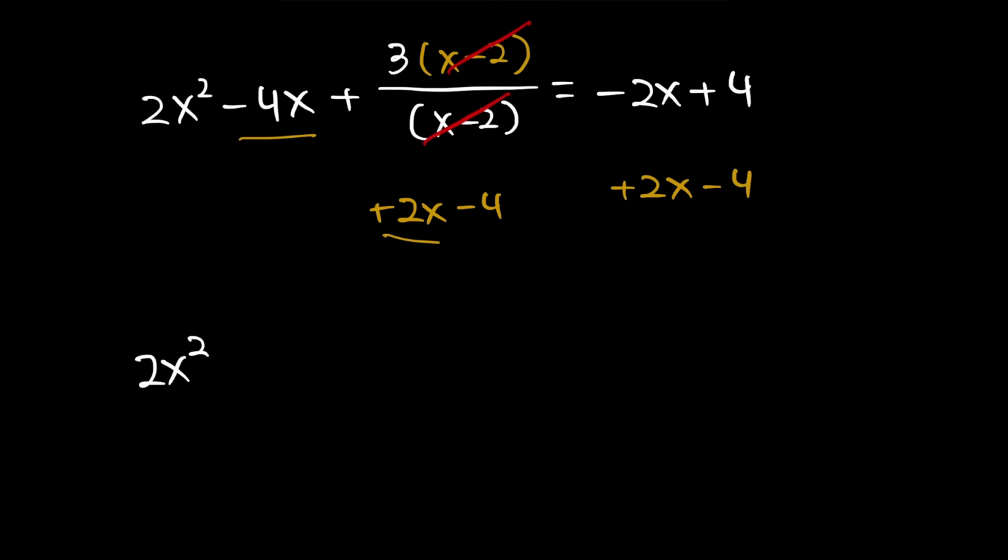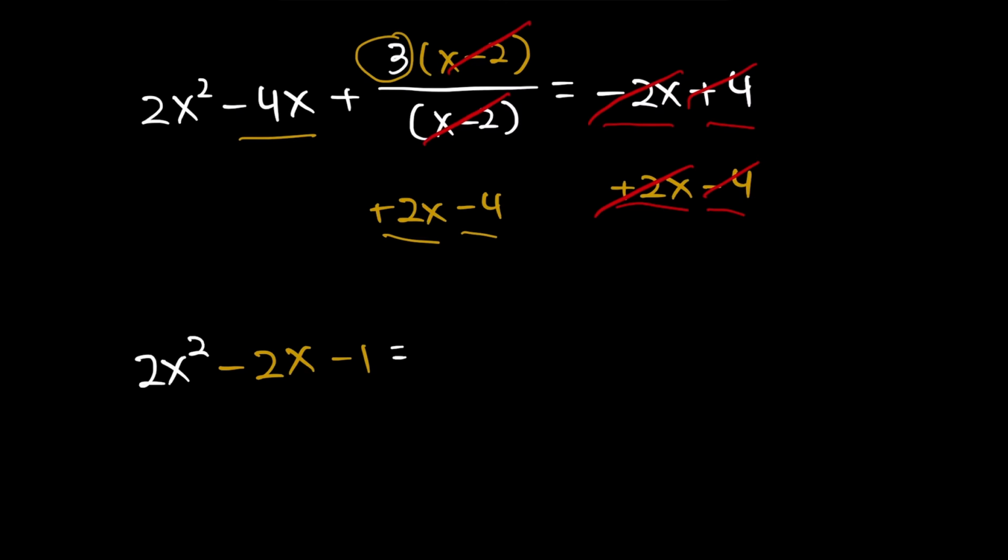So negative 4 plus 2 gives you minus 2x, right? And then over here we have 3 and then minus 4. So 3 minus 4 gives you minus 1. Alright, so we have 2x squared minus 2x and then minus 1. And that is equal to, well, negative 2x plus 2x, cancel, cancel. And then plus 4 minus 4, cancel, cancel again.